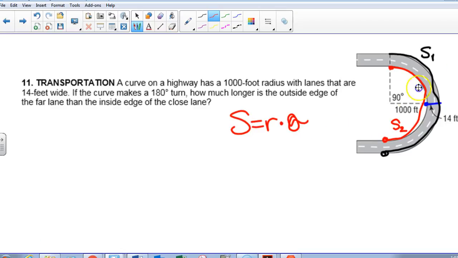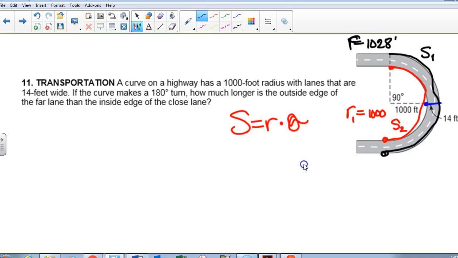Okay, we know our R's, yes? For the inside one here, the radius is what? 1,000. What's the outside one? What did we just come to the conclusion? That the outside one has a radius of 1,028 feet.